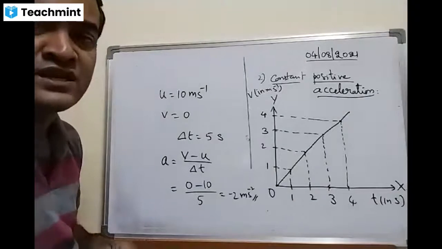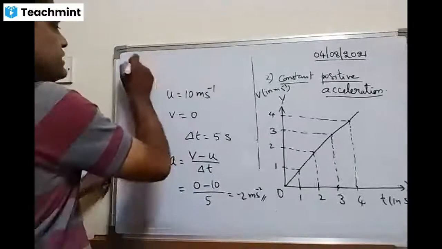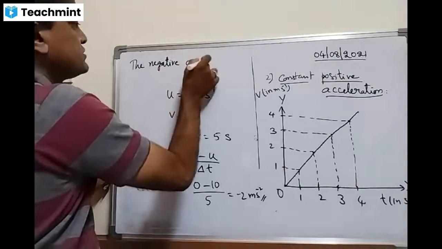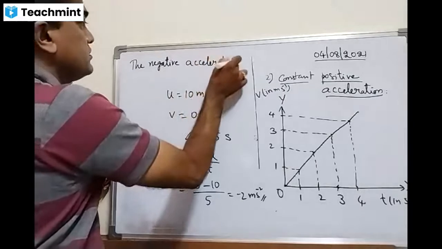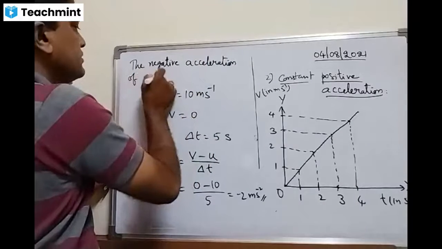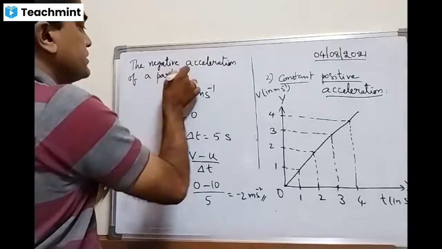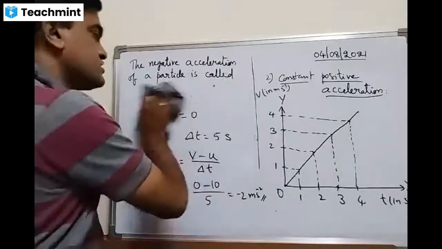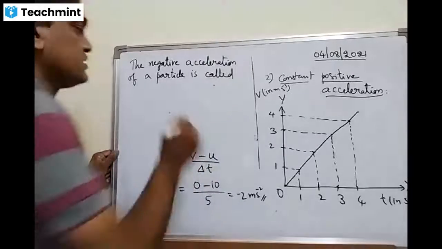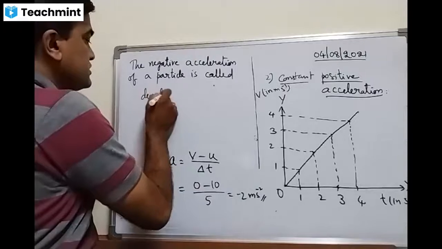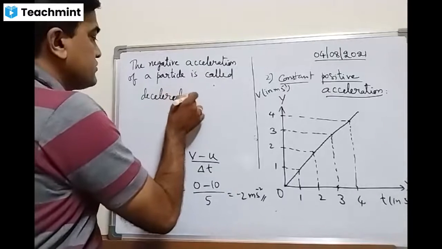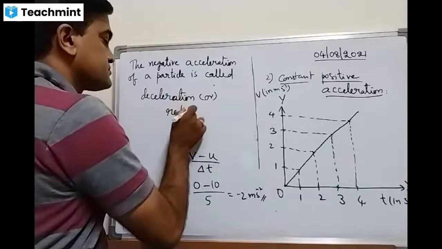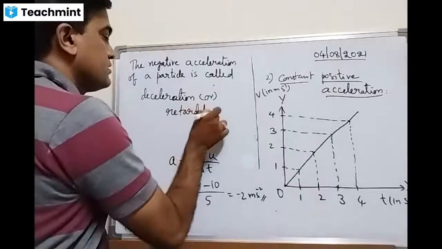This negative acceleration of a particle is called deceleration, D-E-C-E-L-E-R-A-T-I-O-N, or I can say retardation.